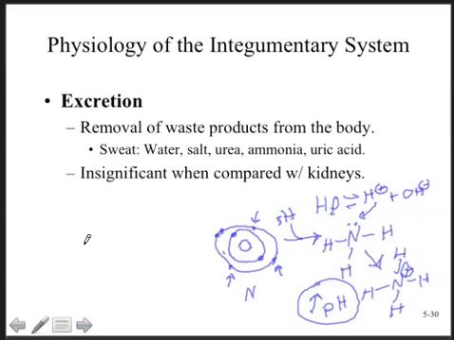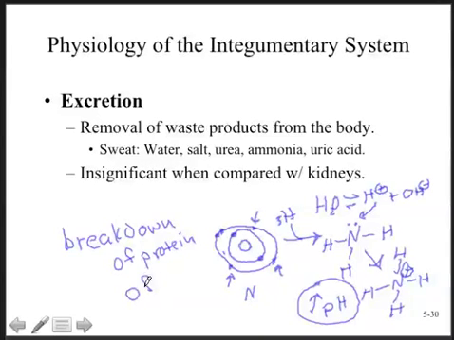whenever it's generated. Now, where does nitrogen-containing waste come from? It comes from the breakdown of protein. And the breakdown of DNA and RNA.